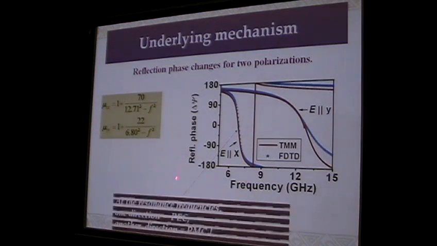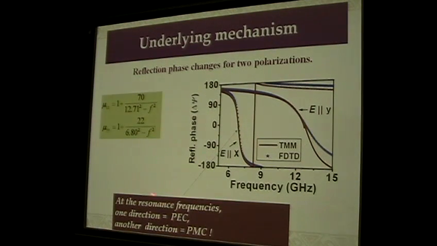That means for these two frequencies we can realize the condition where for one direction we have a PEC and for another direction we have a PMC simultaneously. That's why we can convert the polarization completely.